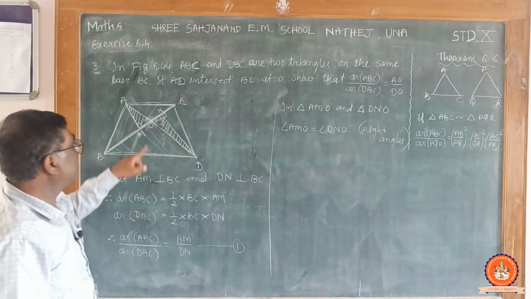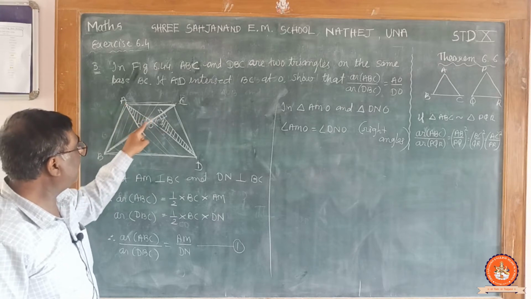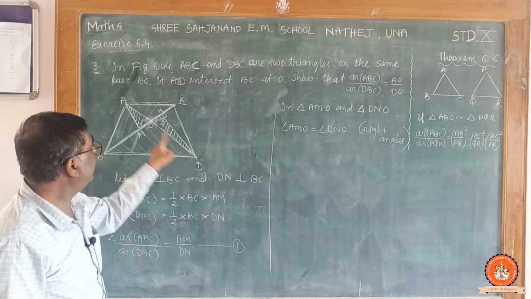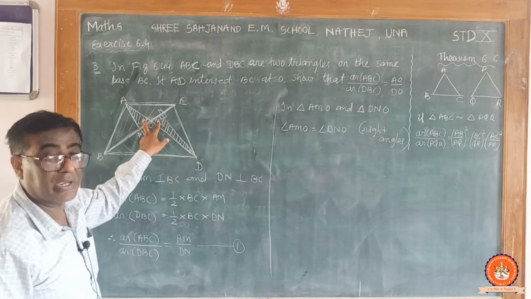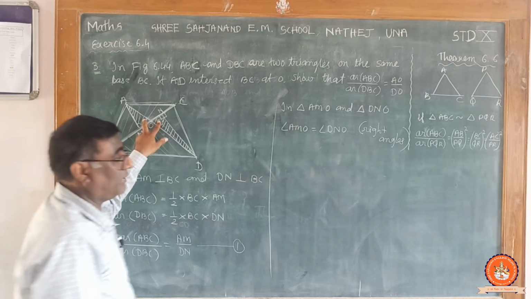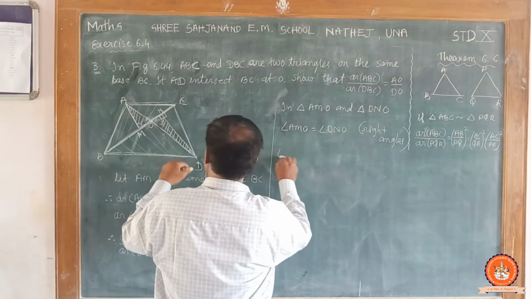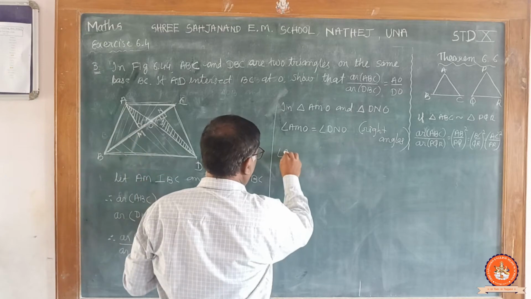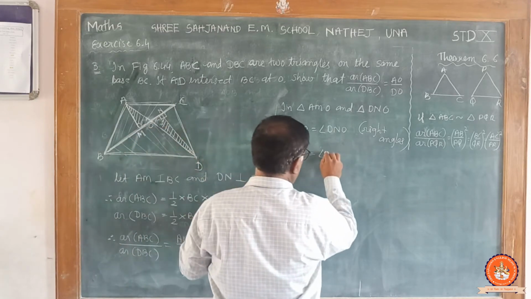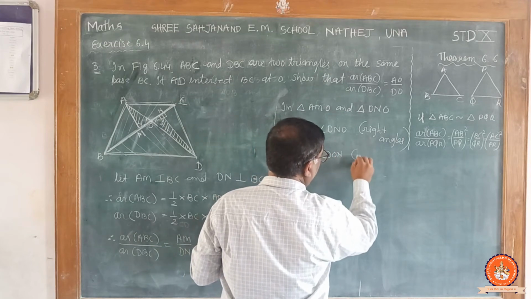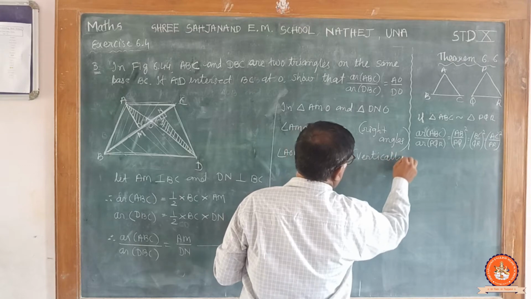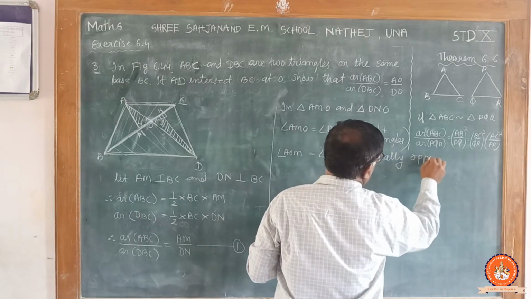And look at it, O is the point where angle AOM and angle DON are. These two angles are vertically opposite angles, and vertically opposite angles are always equal. So angle AOM is equal to angle DON because they are vertically opposite angles.